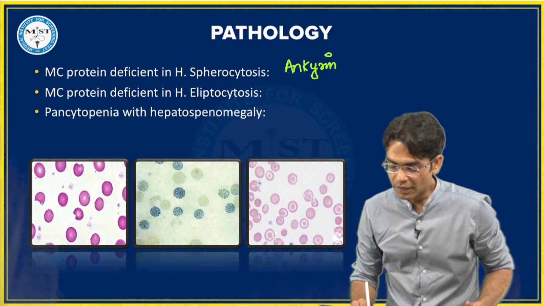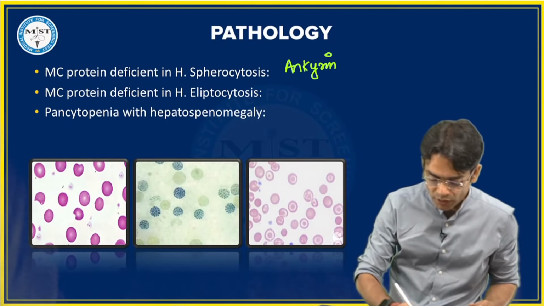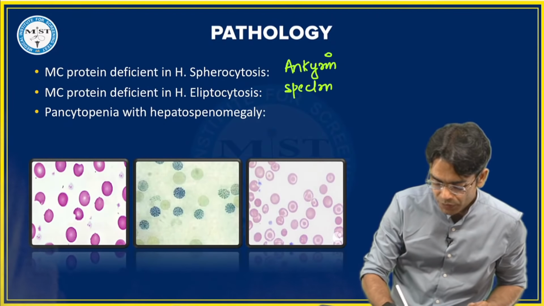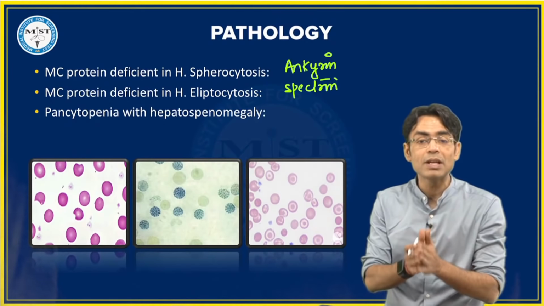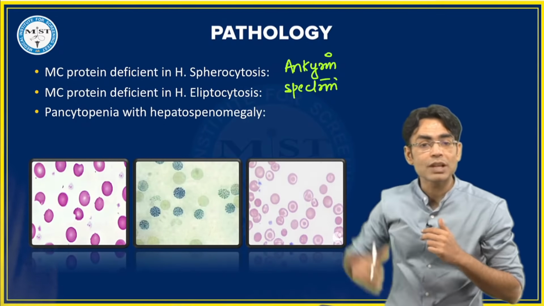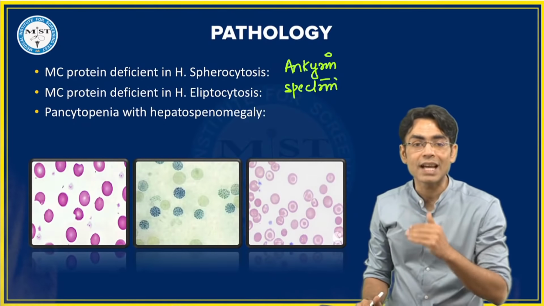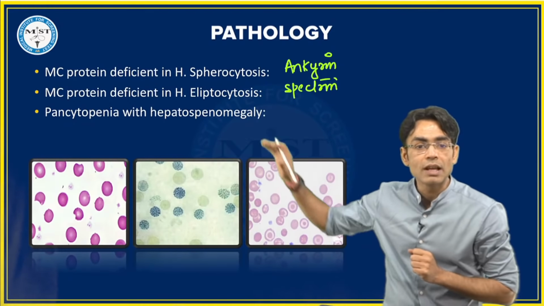Yes, Ritvika, you are right. For elliptocytosis, it is going to be spectrin. So please look at what they are actually asking in the exam. If they're asking hereditary spherocytosis, the most common protein is ankyrin, and if they're asking hereditary elliptocytosis, it is going to be spectrin.